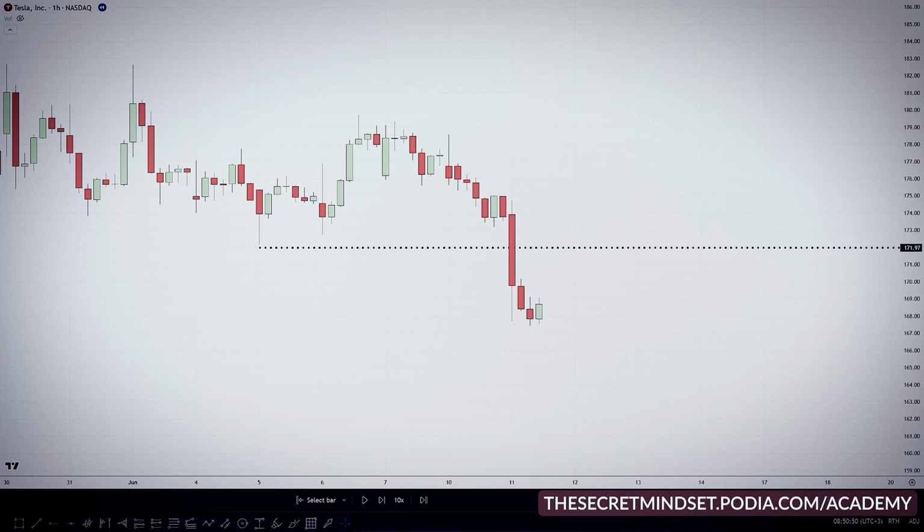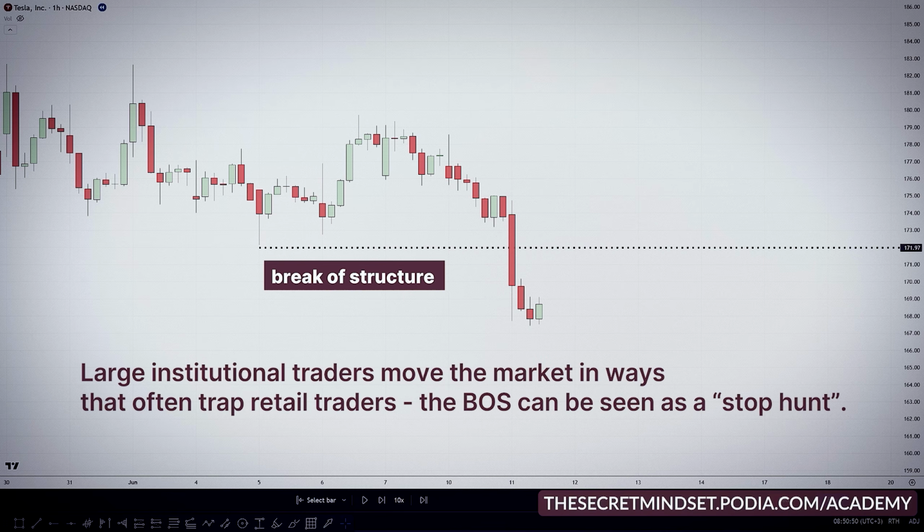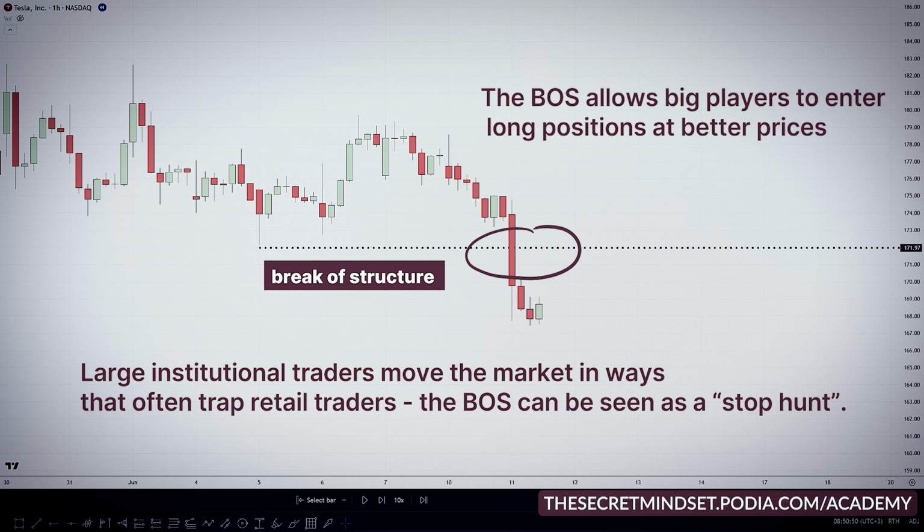So this price action strategy is mainly based on simple market structure movements. It assumes that large institutional traders move the market in ways that often trap retail traders. The initial downtrend and break of structure can be seen as a stop hunt. Large players push the price down, triggering stop losses of buyers.